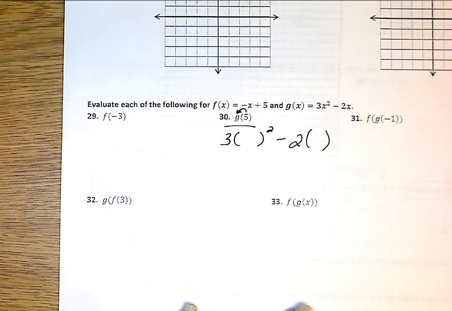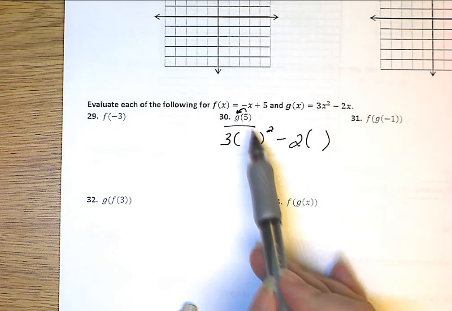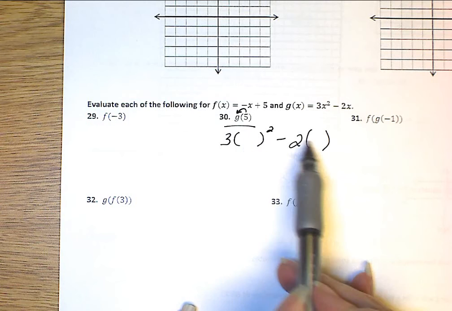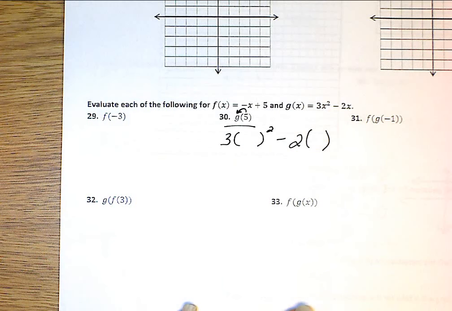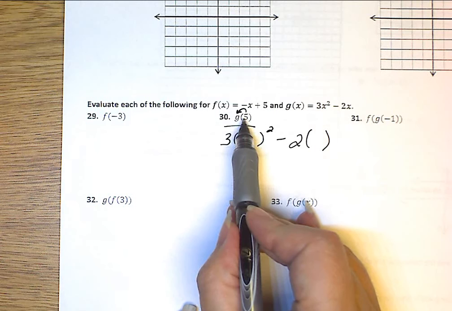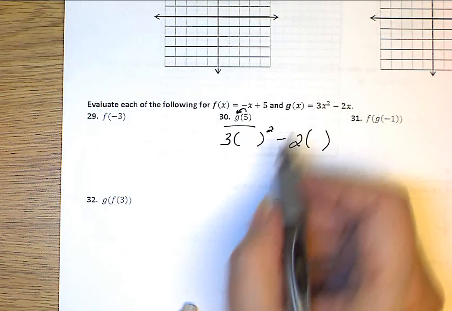First of all, did you see where I got that and why I chose that one? Because since this is G, I'm pulling G down, and all I did instead of writing x's, I put parentheses where x's are. Then it says to put the 5 in for my x's. So I'm going to put 5s in there.